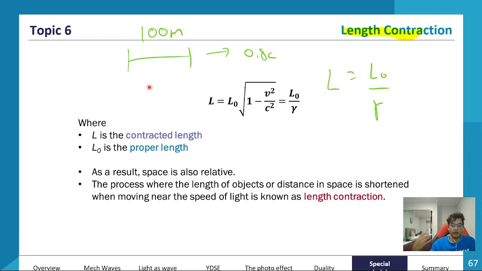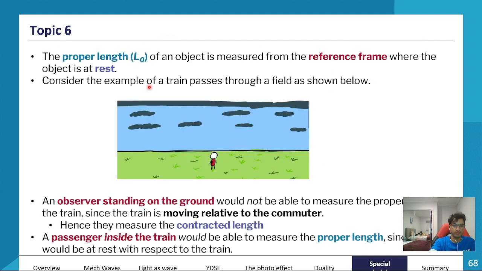Instead of seeing 100 meters, we're going to see a rocket of only about, let's say, 90 meters. And it contracts in the direction of travel. So if the rocket is traveling in this direction, the length of the rocket is going to contract in the x direction. Cool. Hopefully your mind is not completely blown just yet.